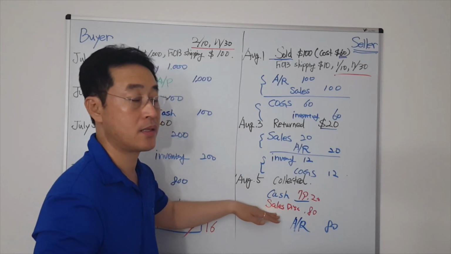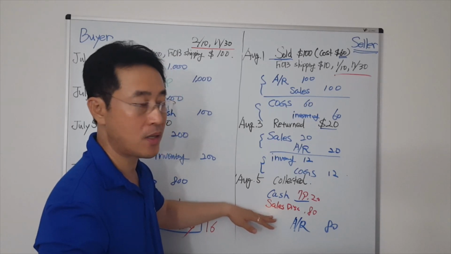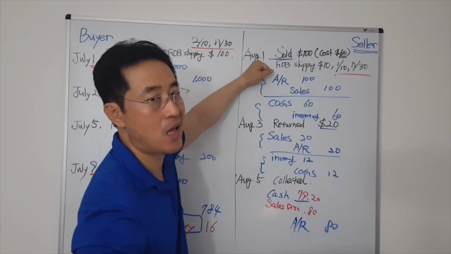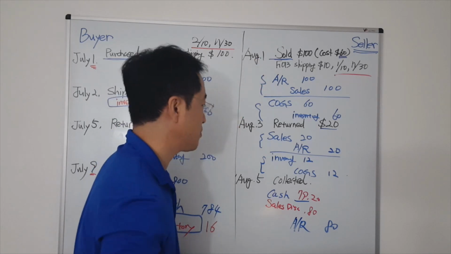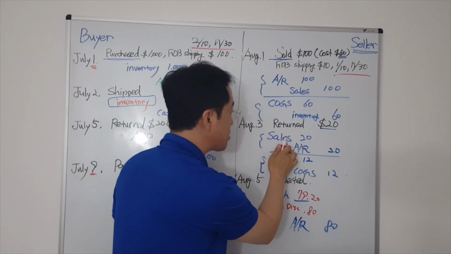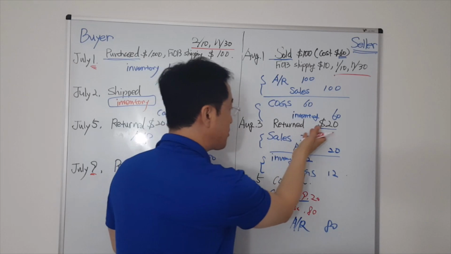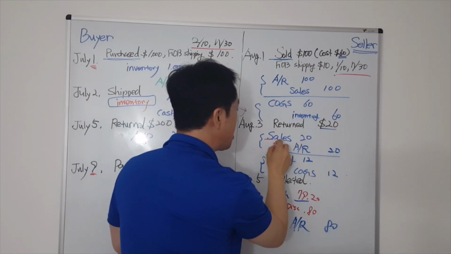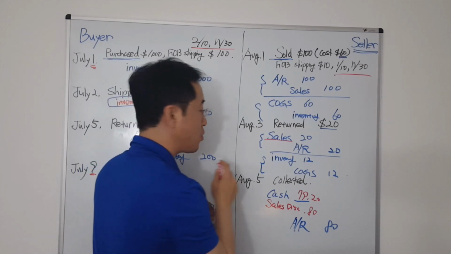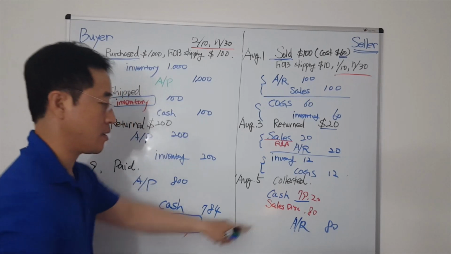From the seller's point of view, we record sales discount and sales return and allowance accounts. So when we accepted a return from the customer, we do not use the sales account, but we use the sales return and allowance account, like here.